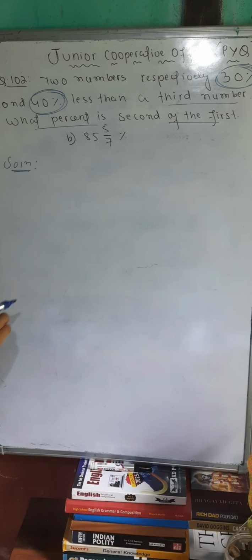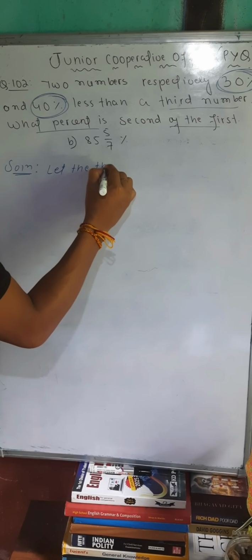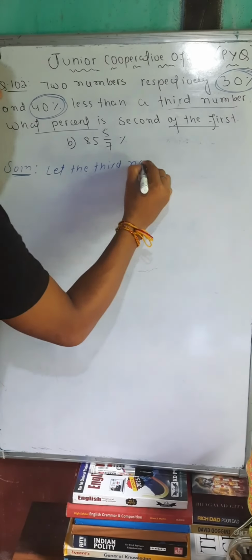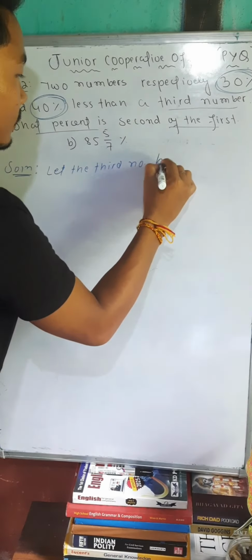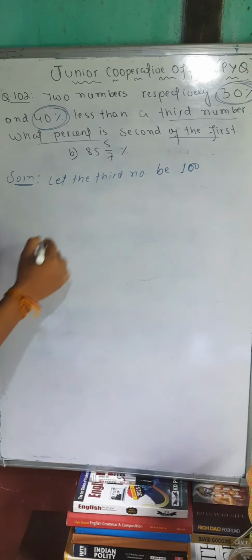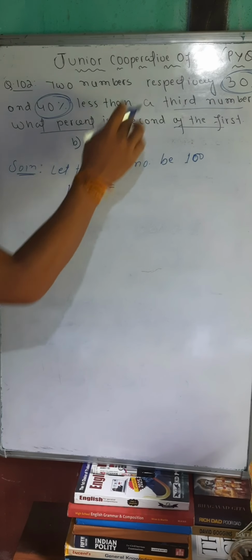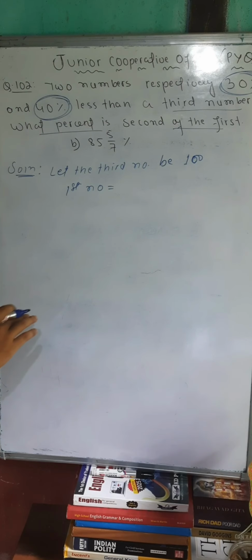So the third number is unknown to us. So we can write, let the third number be 100. Then the first number, what is given? The first number is 30% less than the third number.